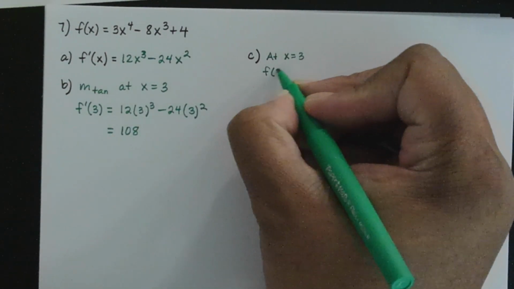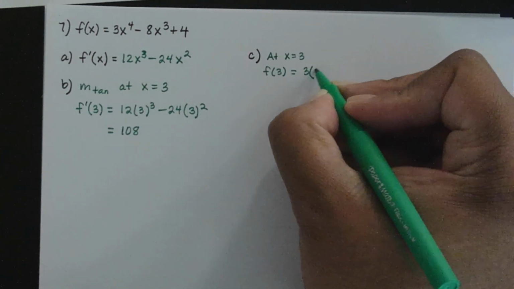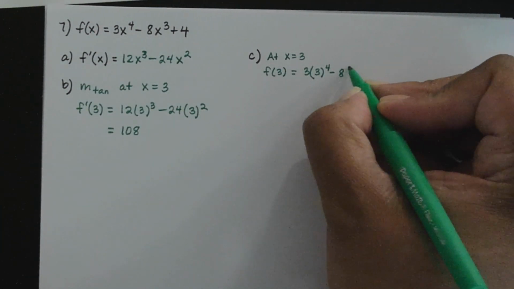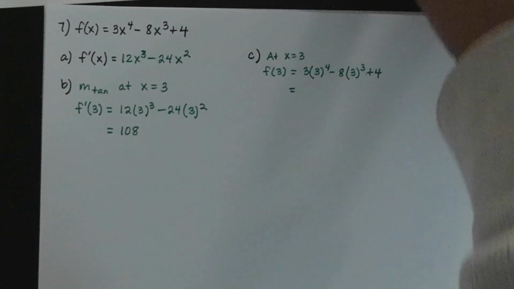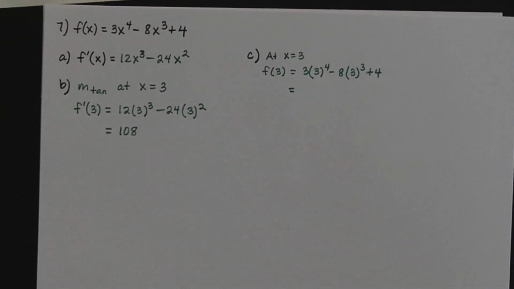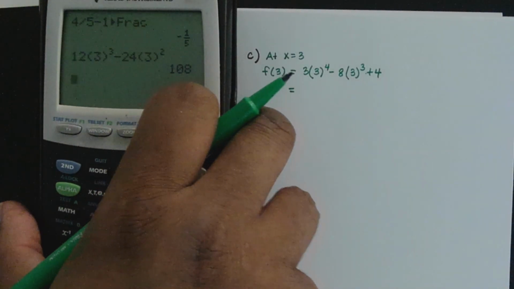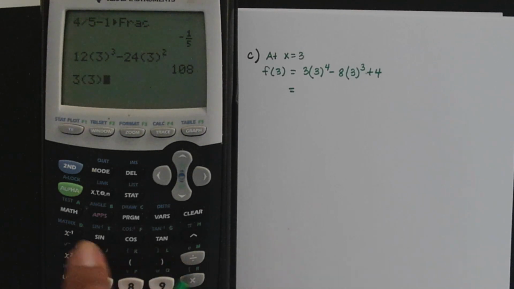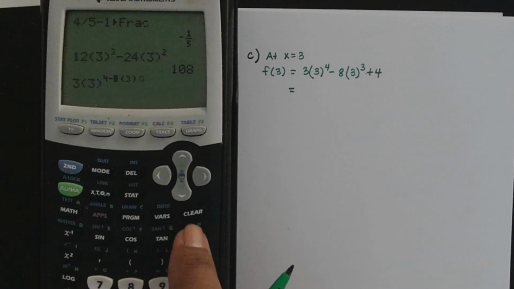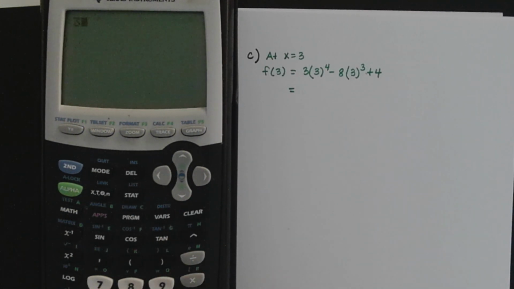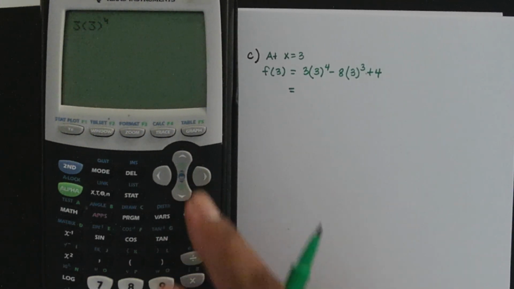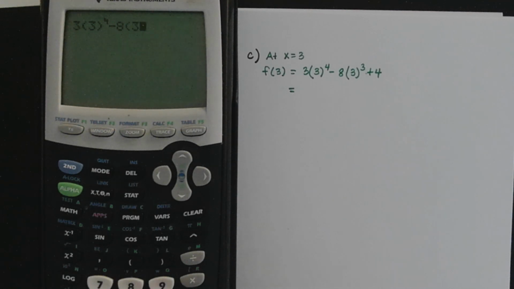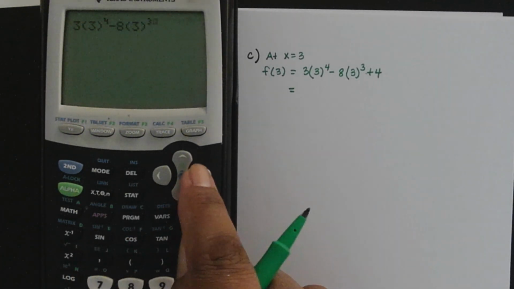So it'll be f of 3 equals 3 times 3 to the 4th minus 8 times 3 cubed plus 4.